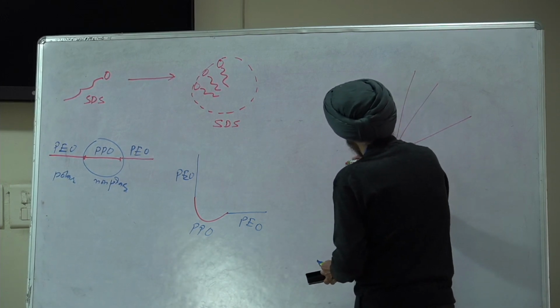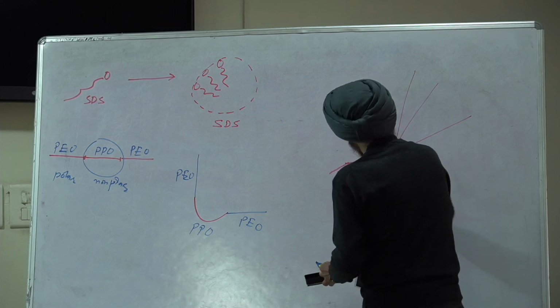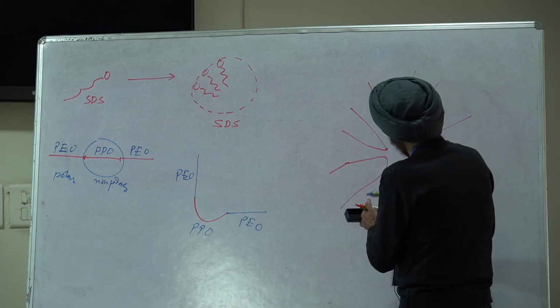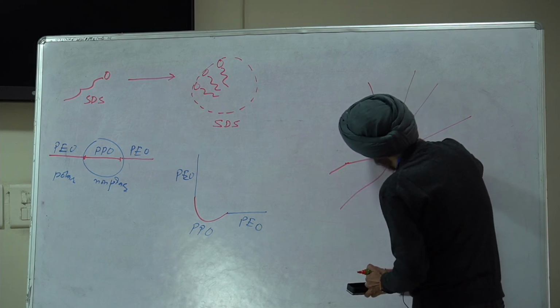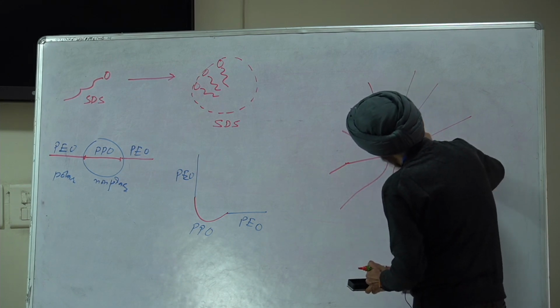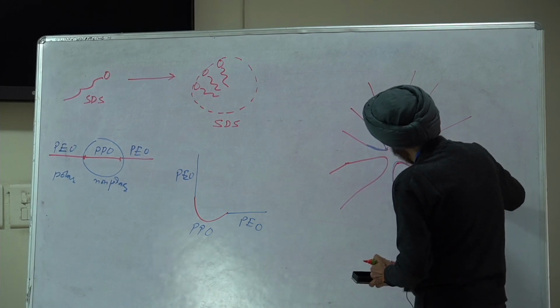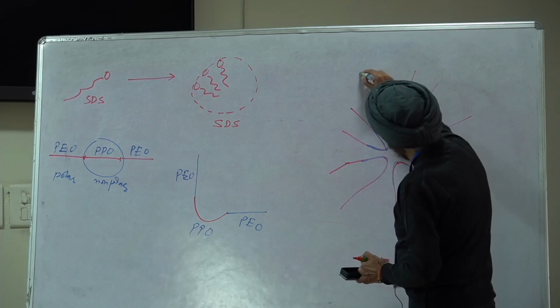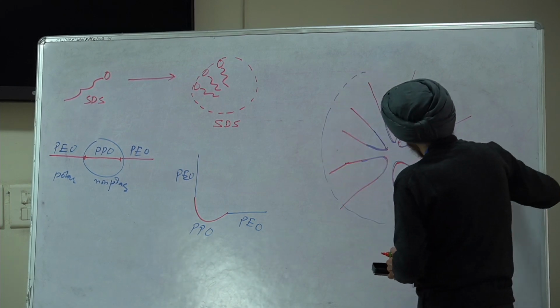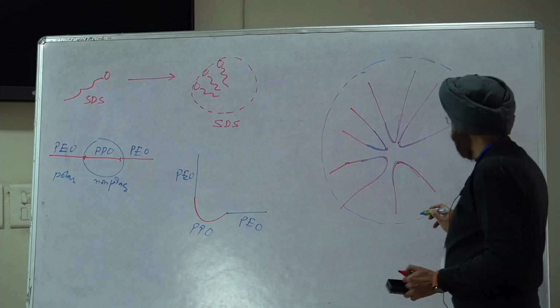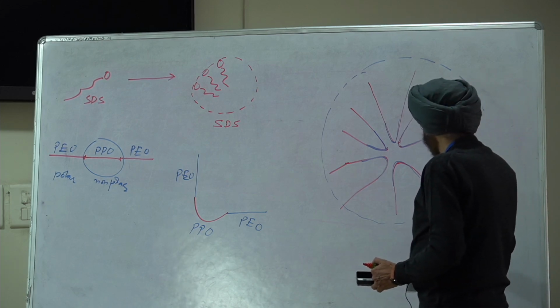So in this way, I can draw the micelle of polyethylene oxide, polypropylene oxide, and the polypropylene units are directed to the center of the sphere of the micelle, whereas the polyethylene units are away from it, and this is now the entire micelle.